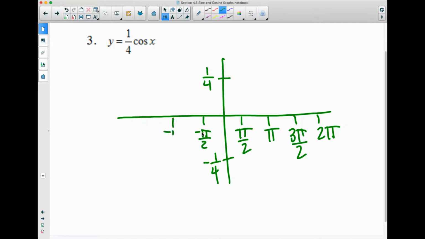The only way these would look different is if you had graph paper that was the same and you had all these graphs next to each other, you would be able to see the difference. Okay, so go ahead and graph that using your 0s, 1s, -1s.